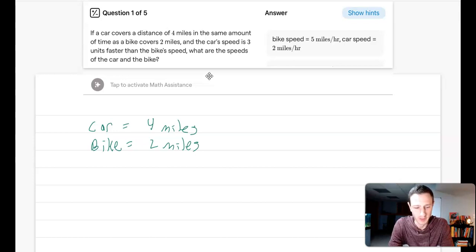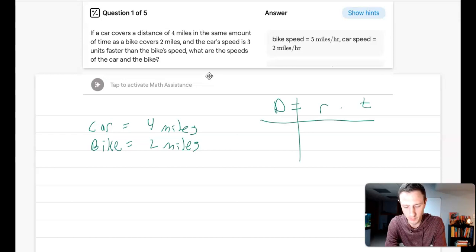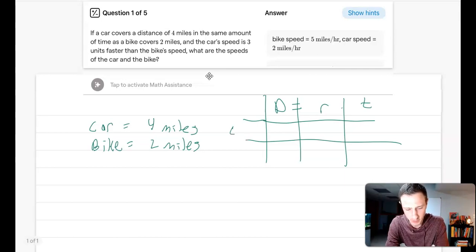Then car speed is 3 units. So we have a distance equals rate times time problem. I always like to go to tables here. So distance equals rate times time. Let's create a table, and we are dealing with 2 pieces of information. We have a car and we have a bike.